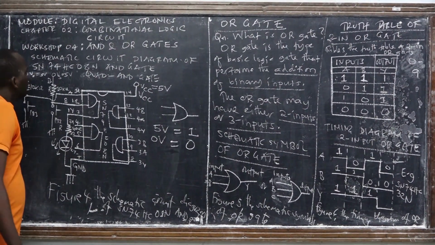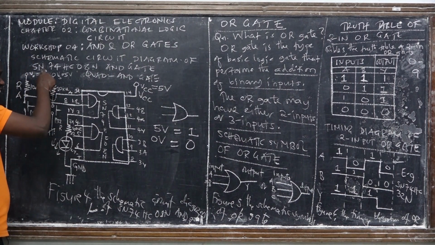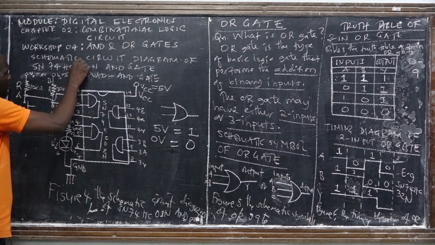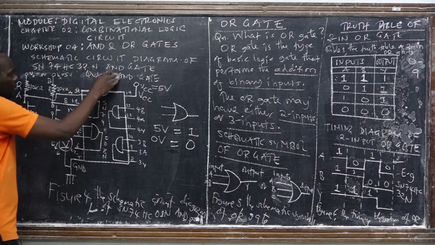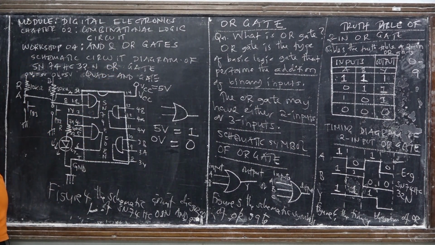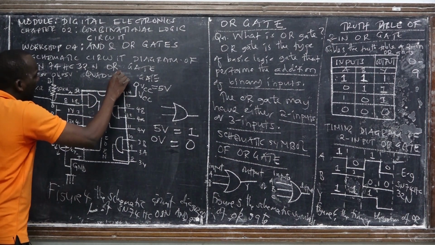Okay, so now let us discuss the schematic circuit diagram of the SN74HC32N OR gate. It is also a quad OR gate.